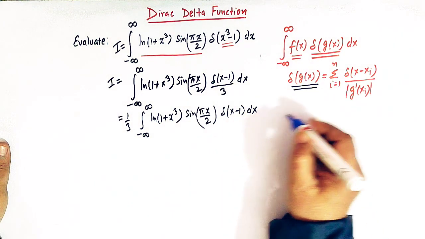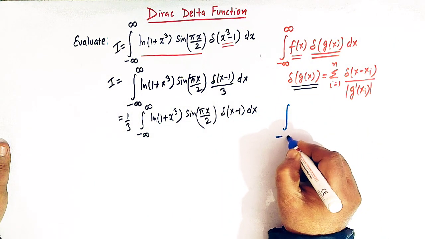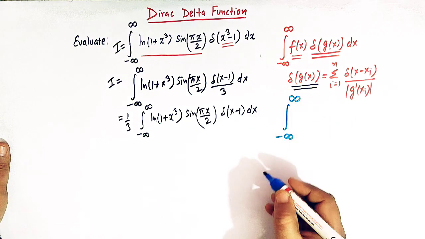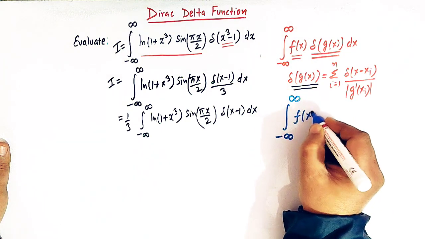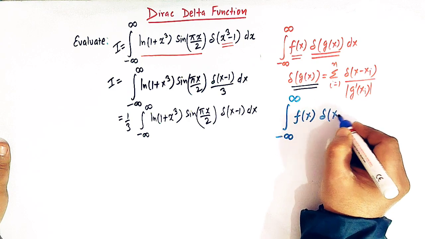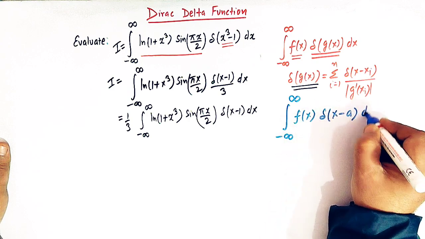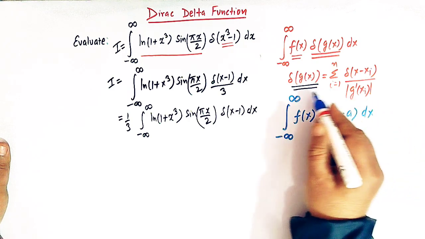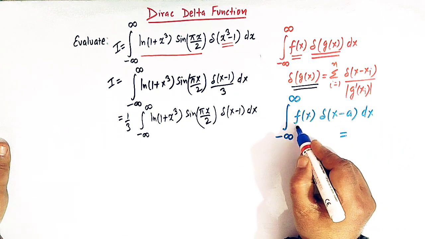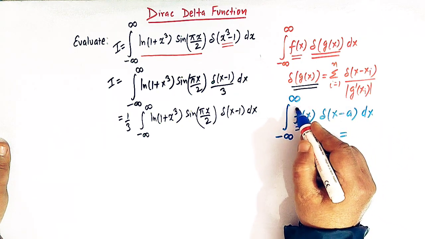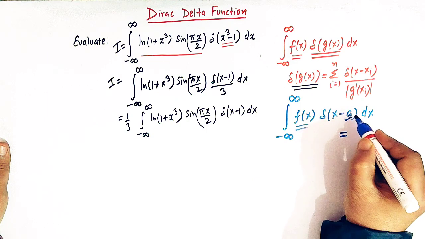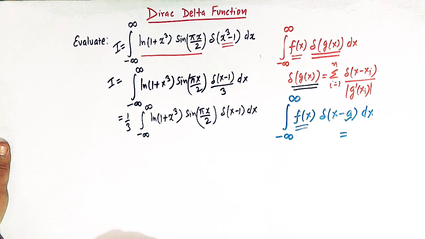So now the Dirac delta function is defined by this integral, that is, minus infinity to infinity. If we have f(x) delta of x minus a dx, then the value of this integral is equal to the value of this function at this point, that is x is equal to a, right?